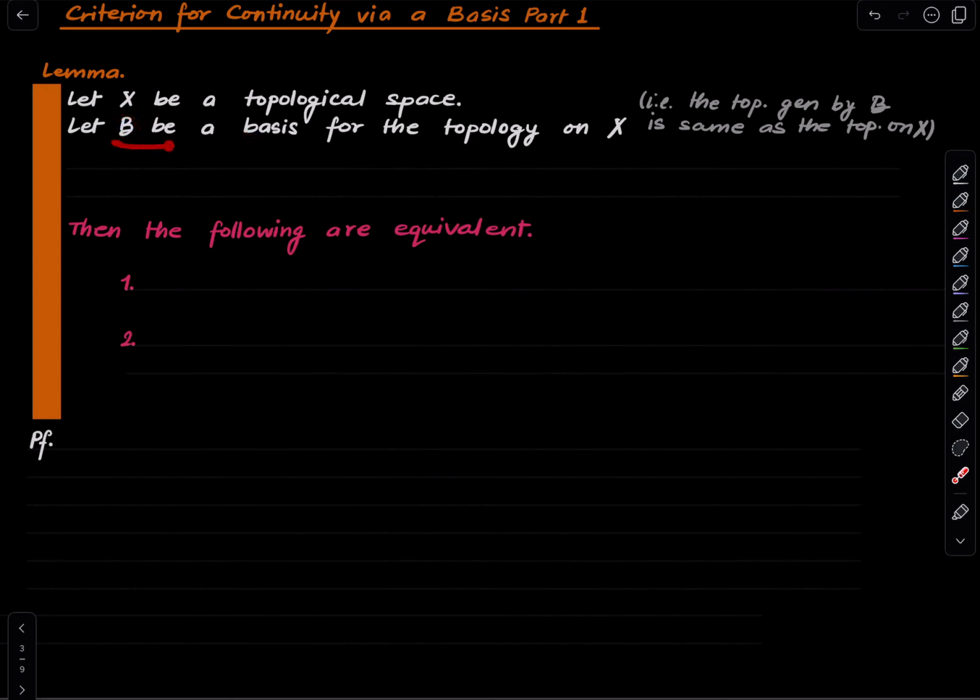So you can take a trivial thing here, but the usefulness of this lemma is when you are able to locate a basis which is convenient. Okay, so fix such a thing.